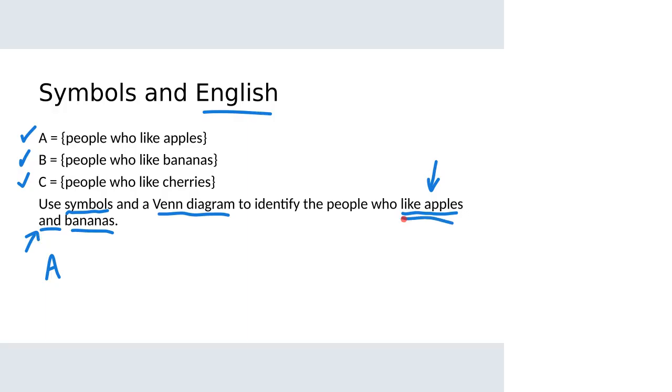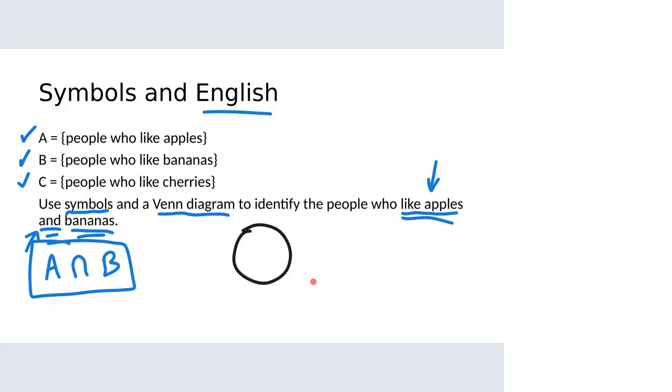They like both apples and bananas. So that's going to be intersection. And bananas is set B. So I'm going to draw a 3-set Venn diagram here and have A intersect B is the people who like apples and bananas. As far as symbols go, that's it right there. People who like apples and bananas is A intersect B.